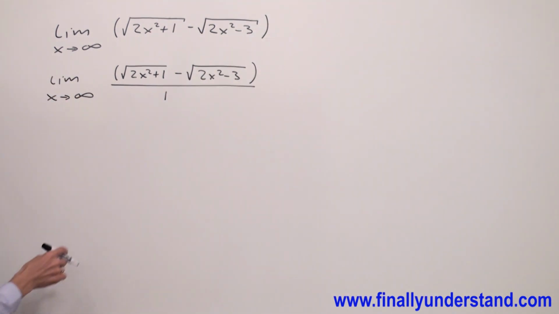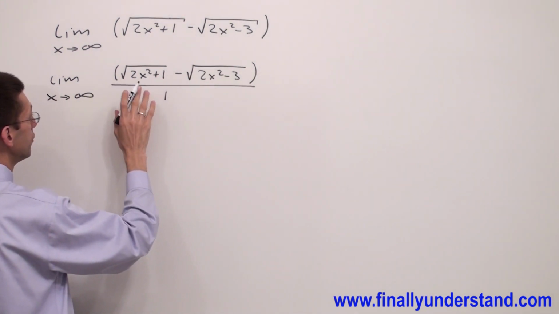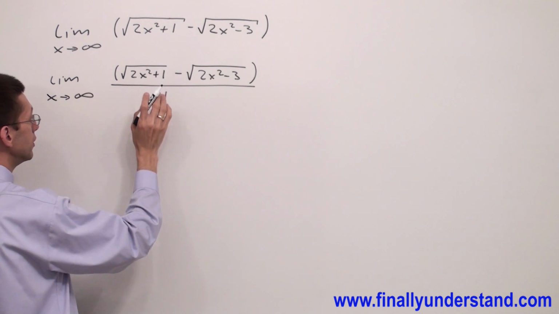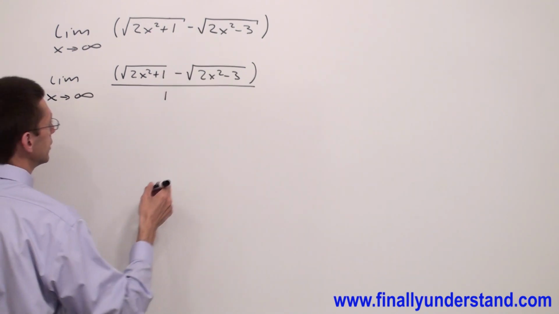Next, in order to eliminate the square roots, I have to multiply the numerator and denominator by the conjugate of my numerator in this case.